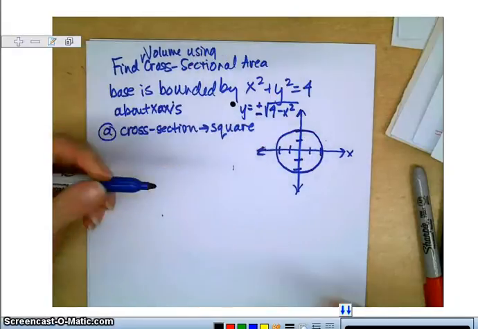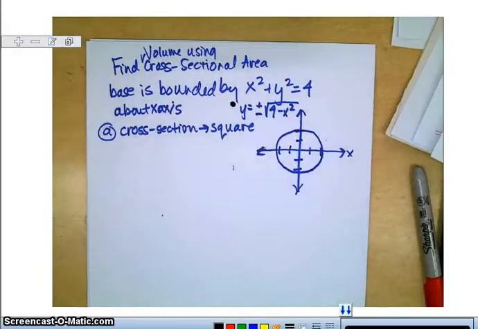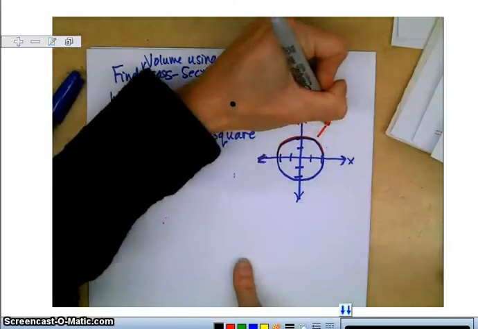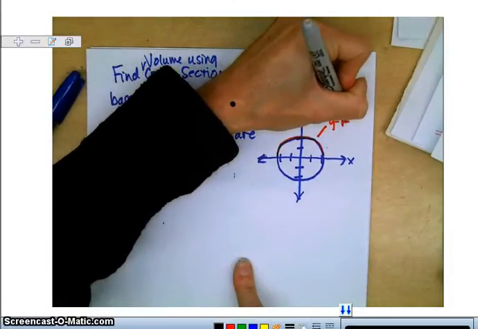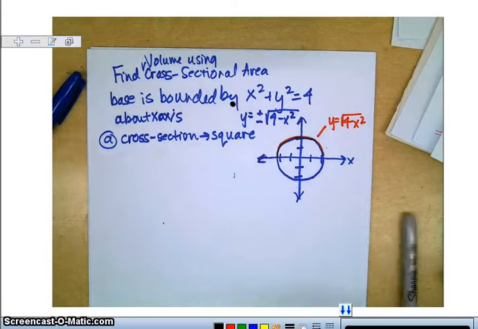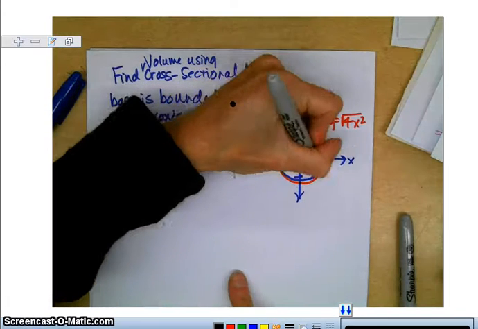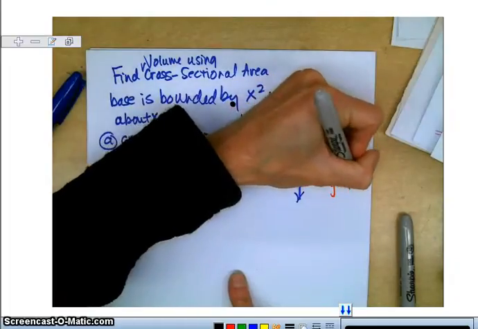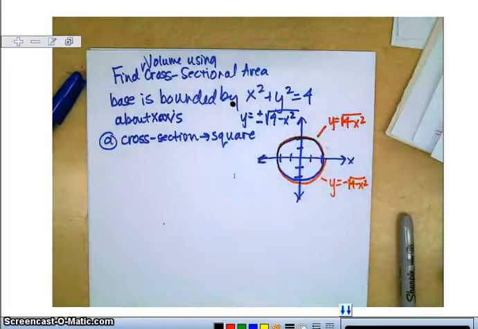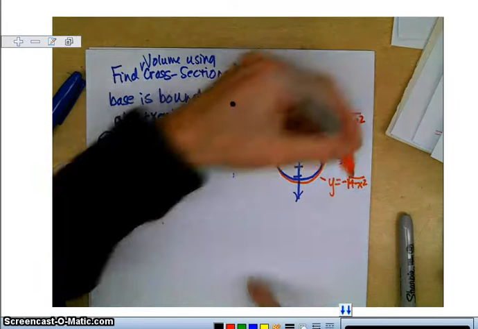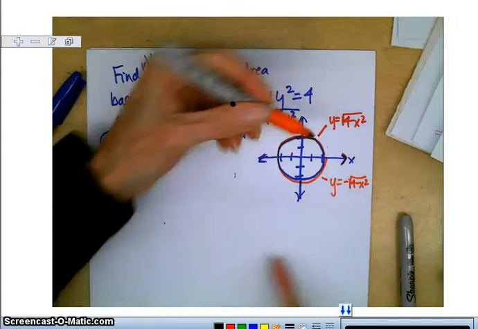Okay, so the positive part is up here. That's y equals the positive square root of 4 minus x squared. Down here is y equals the negative square root of 4 minus x squared. So that's how you get your two functions.